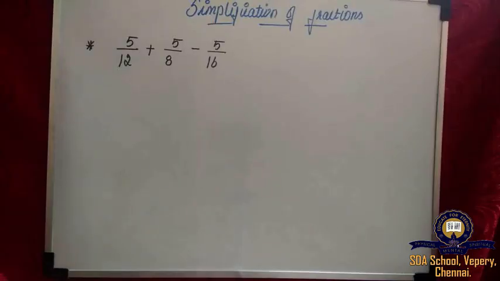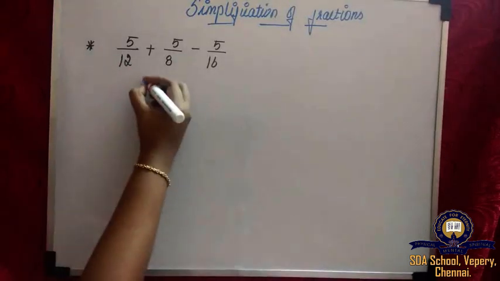Simplification of fractions. So unlike fractions are given here, we need to simplify them. So for that, first we need to convert the given unlike fractions into like fractions. So let us find the LCM of the denominators.